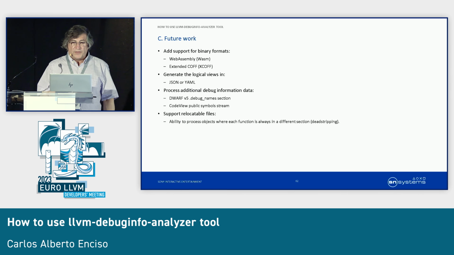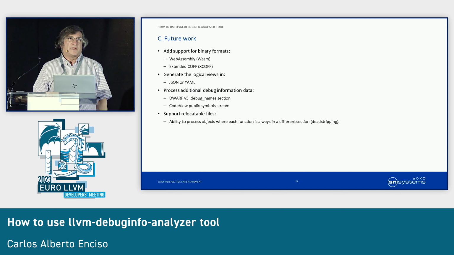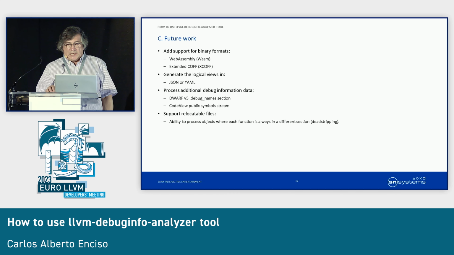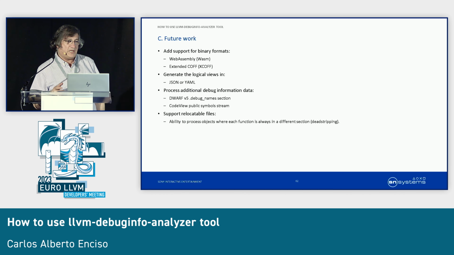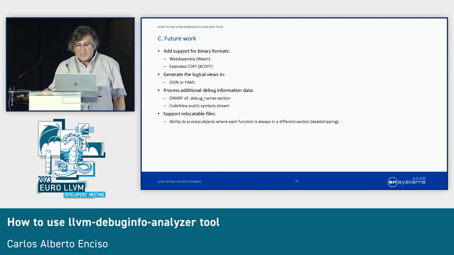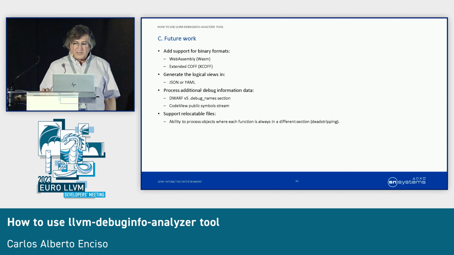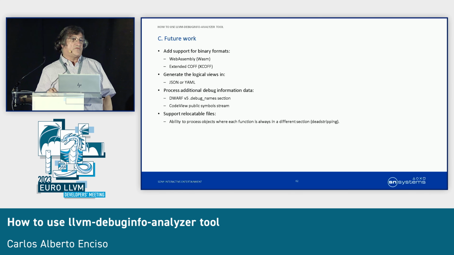Future work. The README file contains notes that were collected during development and review, and it describes limitations, known issues, and future work. What we believe is important now are these 4 aspects. The first one is to add support for other binary formats, like WebAssembly and extended COFF.